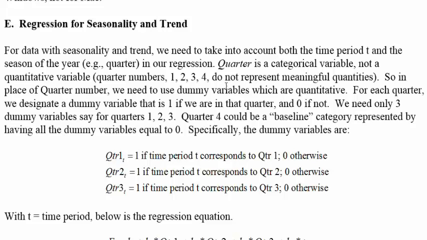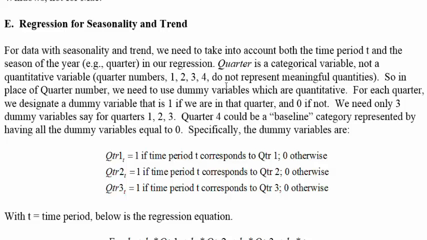But quarters 1, 2, 3, 4 during the season, you could have called it something else. You could have said the spring quarter, fall quarter, winter quarter. So you could just call it 4 seasons. By calling quarters 1, 2, 3, 4, we are not saying these numbers represent meaningful quantities, but these are just codes for these categories, like 4 seasons.